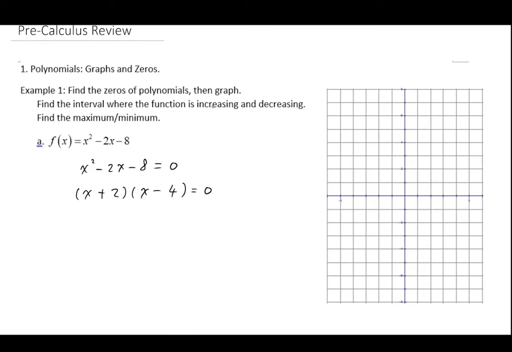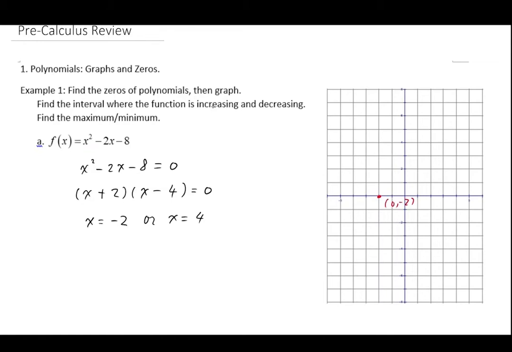That is equal to 0, meaning this first term is equal to 0, therefore x is equal to negative 2, or the second term is equal to 0, therefore x is equal to 4. Okay, we'll start graphing this thing now. So x is equal to negative 2, then my y value is equal to 0, so one of the coordinates happens to be right there.